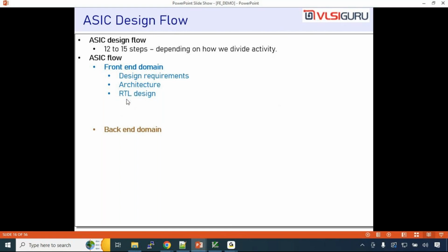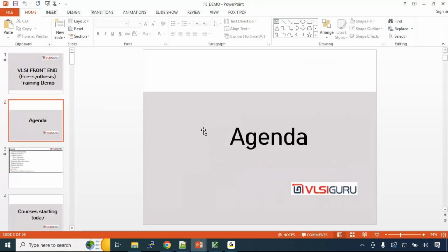Verilog will be used to do the RTL design. Once RTL design is done, what is the next step? Small blocks are there, and you have to integrate them. That is called RTL integration. You put together various small blocks to get a bigger design. Then you do functional verification. Ideally speaking, I should call it RTL verification.